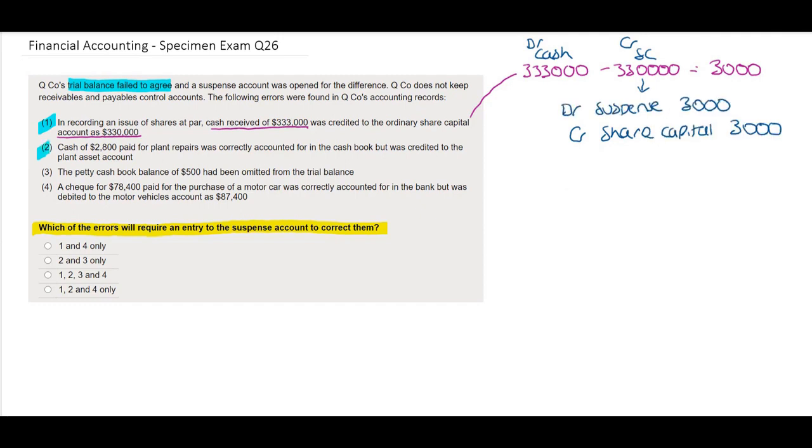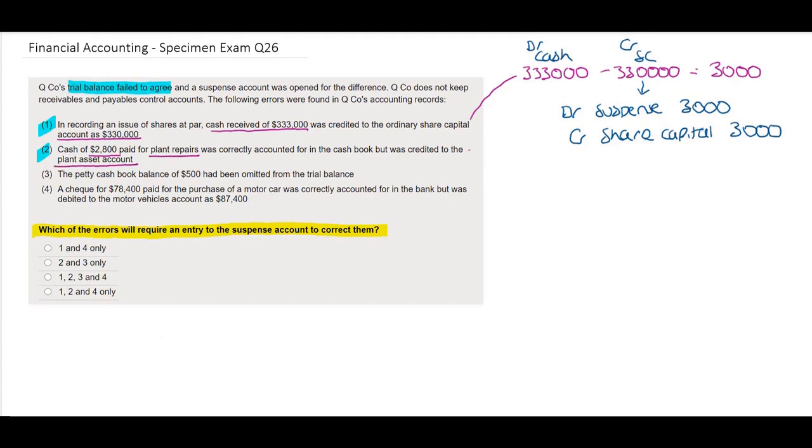In our second error, they tell us that cash of $2,800 paid for plant repairs was correctly accounted for in the cash book, but was credited to the plant asset account. So therefore what they have done is to credit the cash account and to credit the plant asset account.